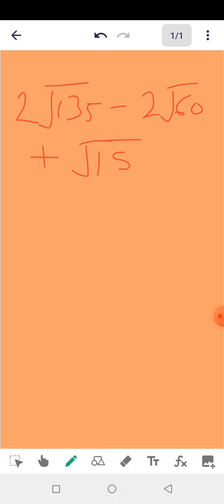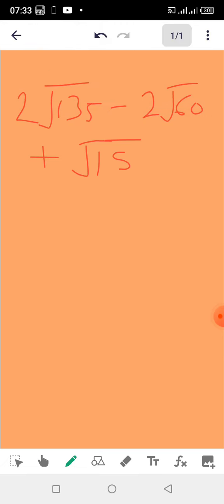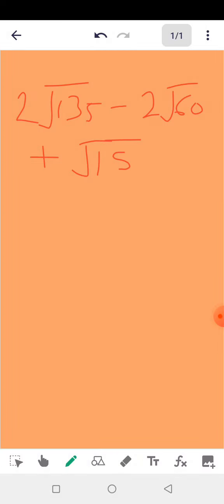Now when you look at 135 critically, it can be divided by 5. Oh, sorry. 135, let's break it down. I have to look for a perfect square in 135.